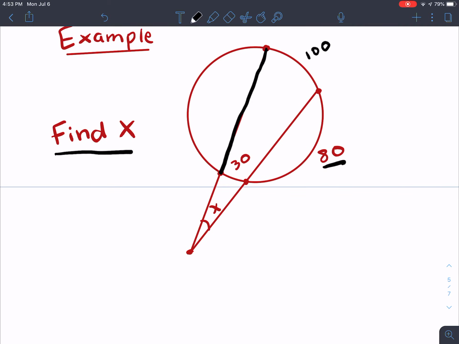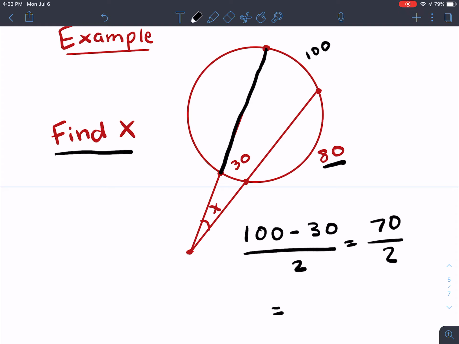So now all we do is 100 minus 30 divided by 2. 100 minus 30 is 70 divided by 2. That will equal 35. So x is equal to 35. The intersecting angle is equal to 35 degrees.